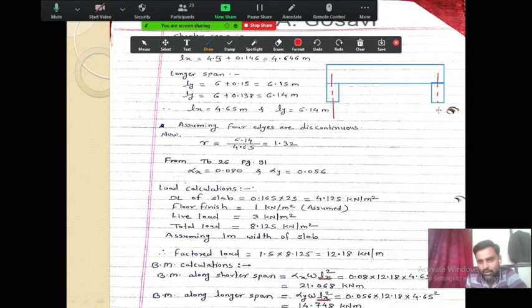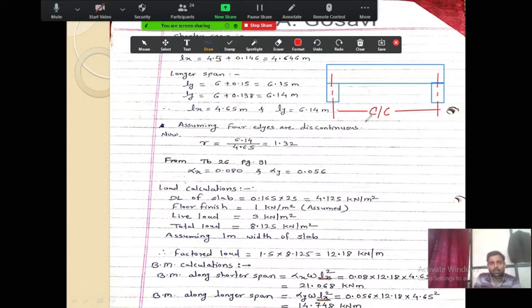So the center to center distance means this is C to C, center to center distance. This distance is the center to center distance. Okay, whatever may be the distance is there, this is. So now how to calculate this distance, what will be the distance.